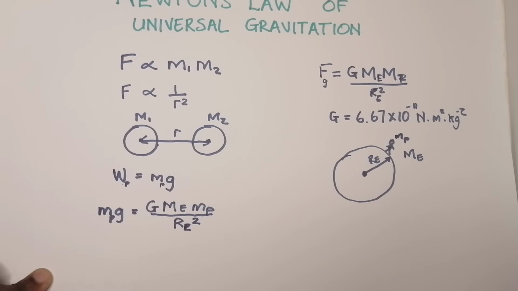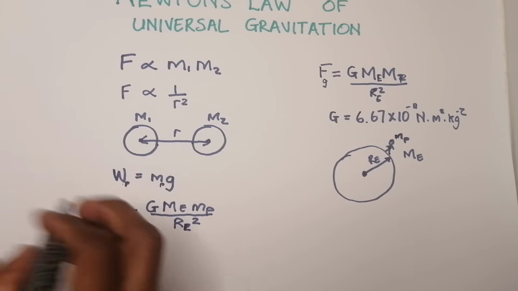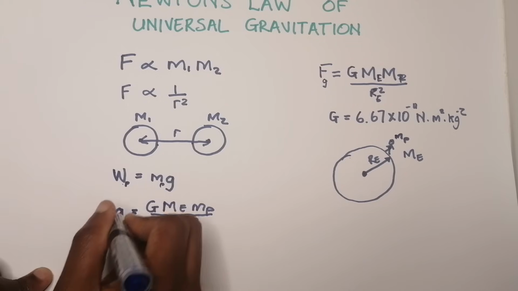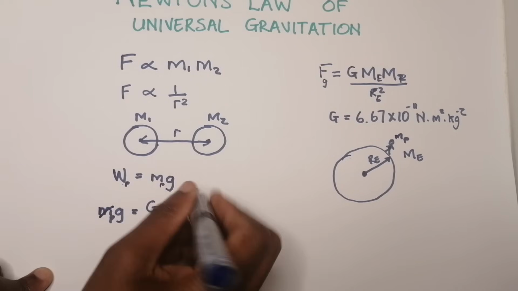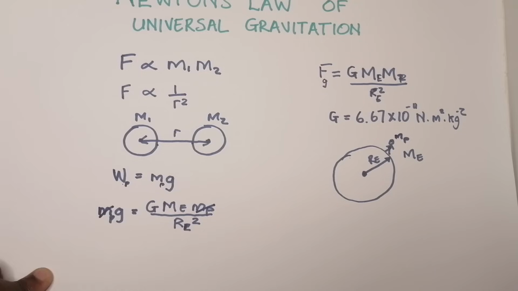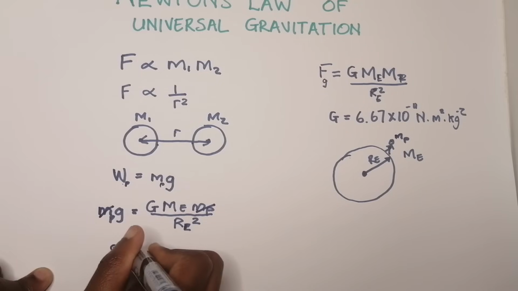Now, notice what's going to happen there, to show you that gravitational acceleration is actually independent of the mass of an object. Can you see that I can divide both sides by mp? If I divide by mp on both sides, this will cancel that, and it will cancel that. So now what am I left with?